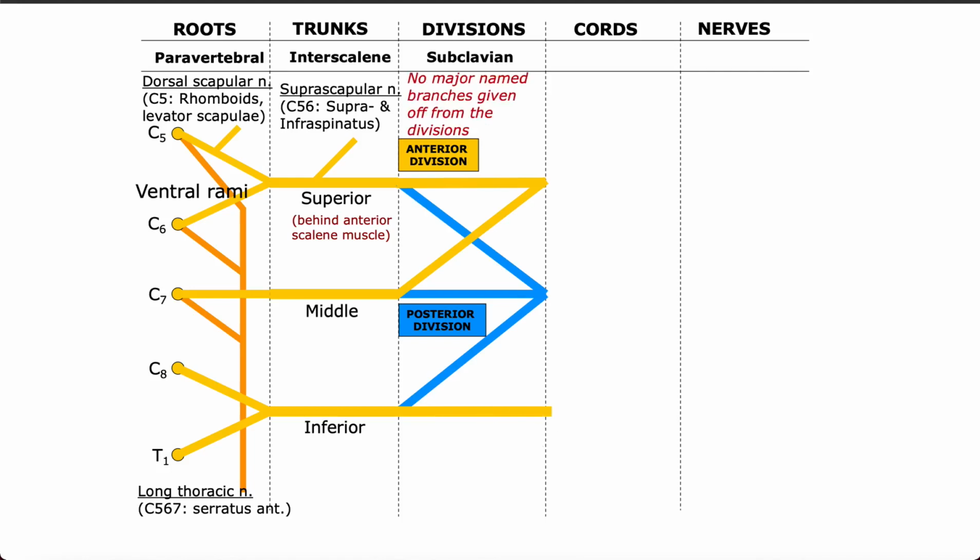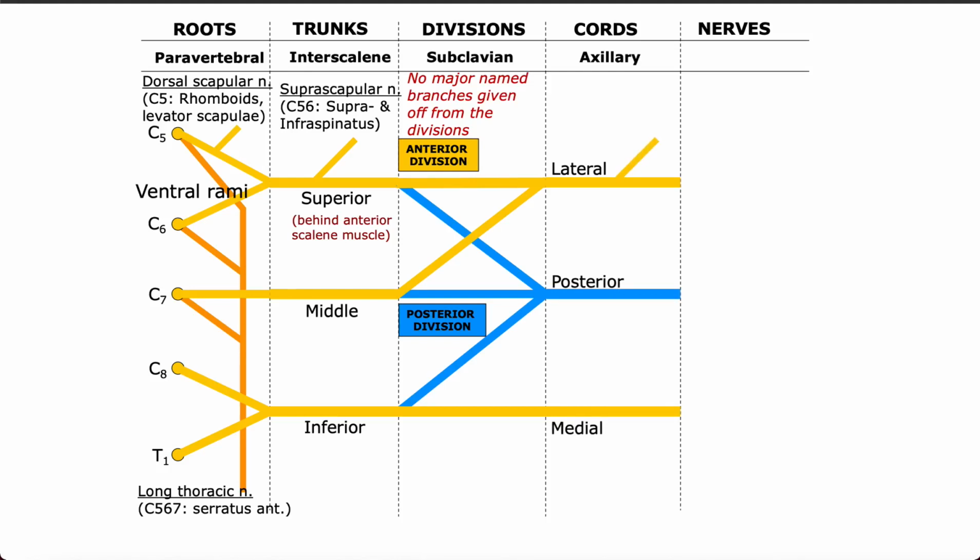So we don't get any branch from this level. So what happens now? Cords in the axillary region: we have a cord which is lateral to my artery, so we call it lateral cord. Medial to my axillary artery, we call it medial cord, and posterior to my artery, we call it posterior cord. So these cords, you have seen them in the beginning.